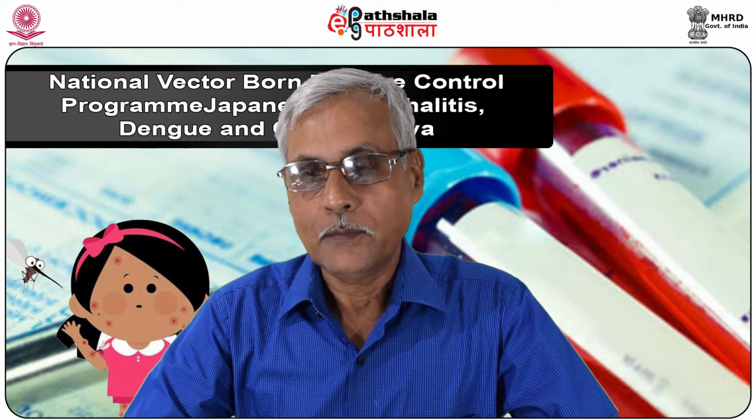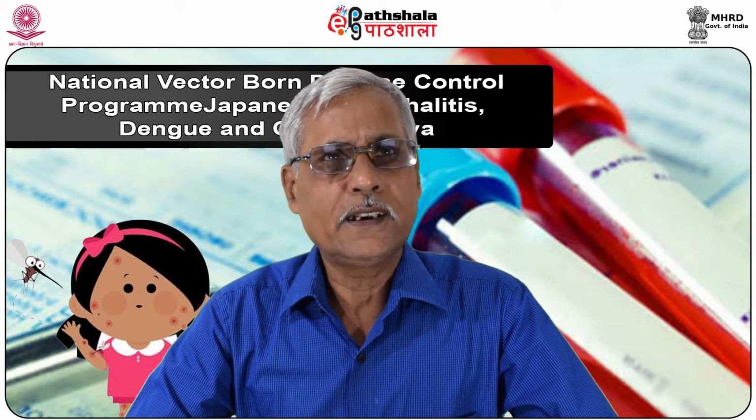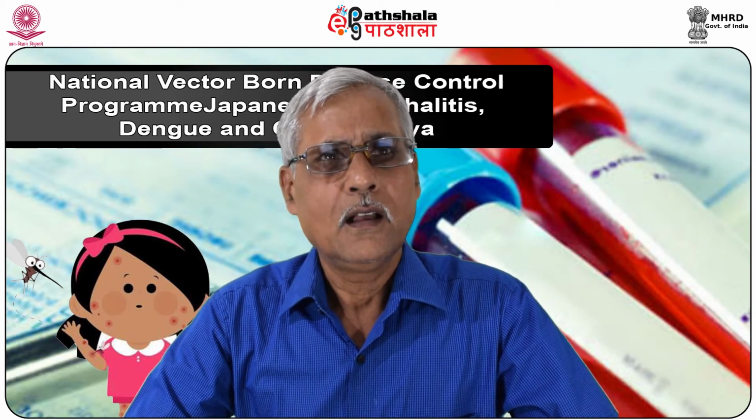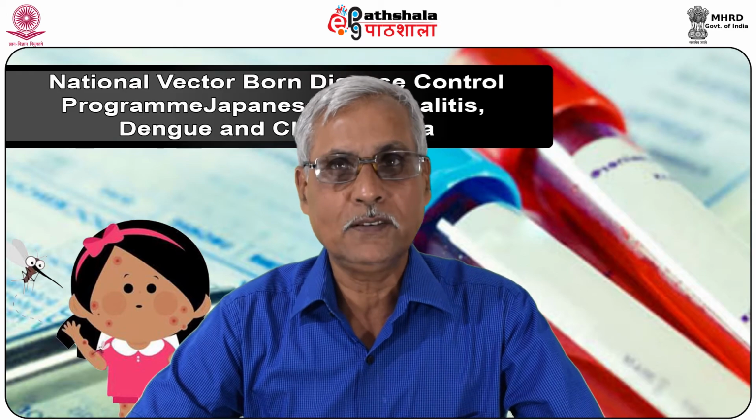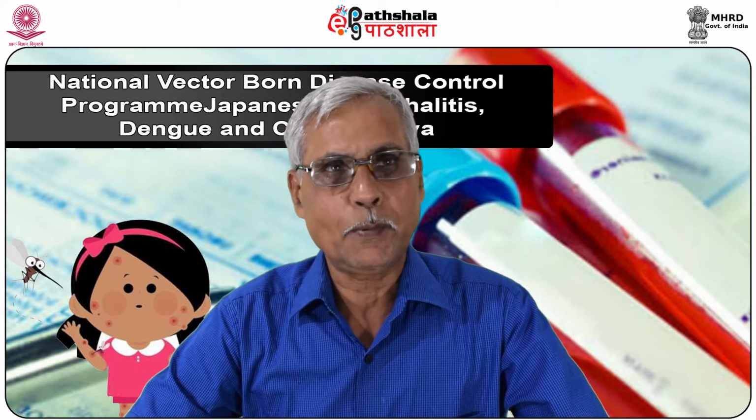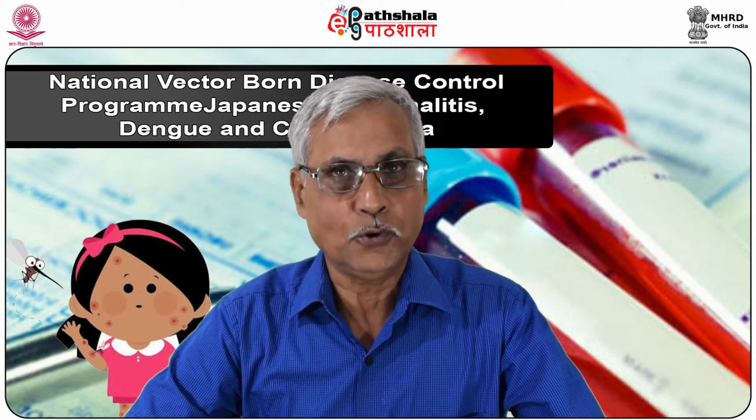In India, the dengue cases are on the increase, but the point that needs to be taken into account is that the mortality rate was 1.2% in 2007, though it dropped to 0.25% in 2013 by capacity building of the hospitals in terms of their management. This reduction is probably because of the cumulative effects of better patient management, increased diagnostic capabilities, and better reporting.